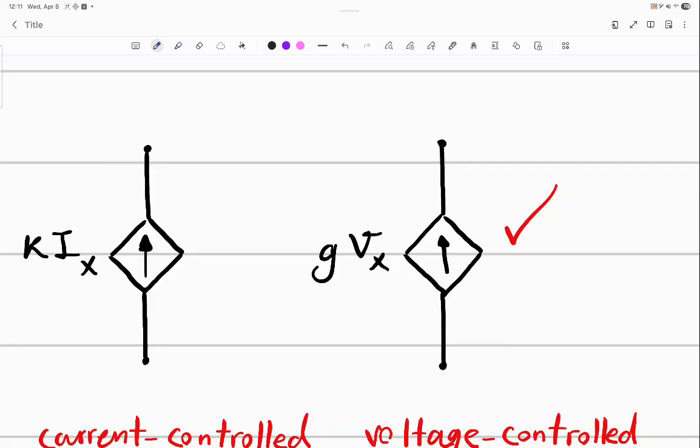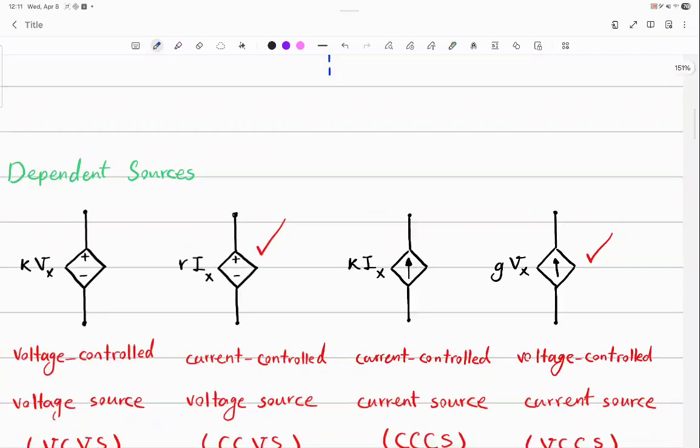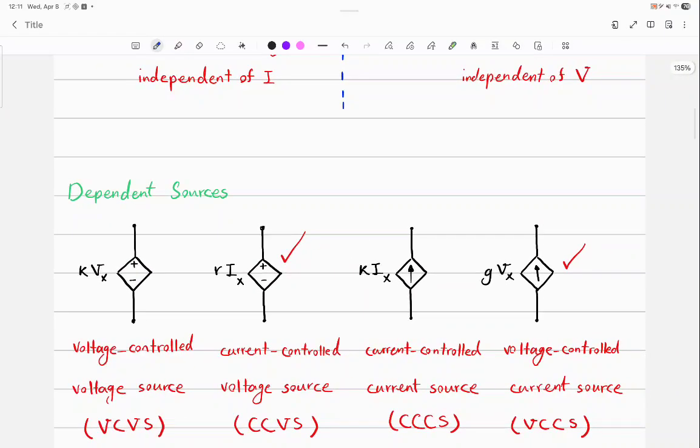Okay? That's where the confusion comes from. Especially for these two, the one with the check marks, right? Because the value of the element depends on its current, but it depends on voltage, it creates some sort of confusion. So this is what I ask you to do.